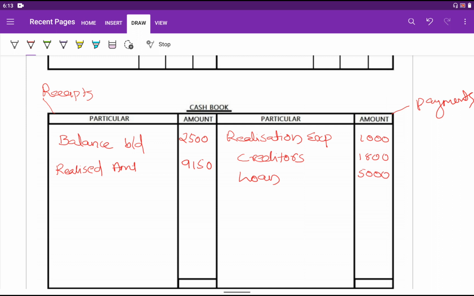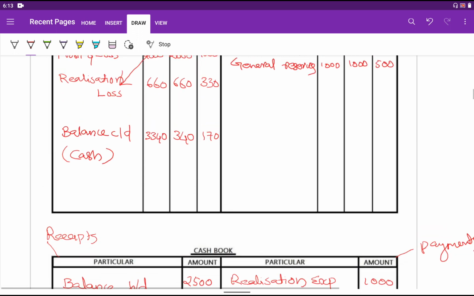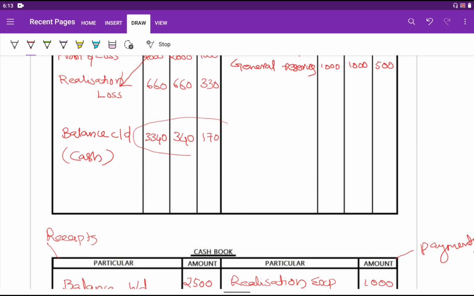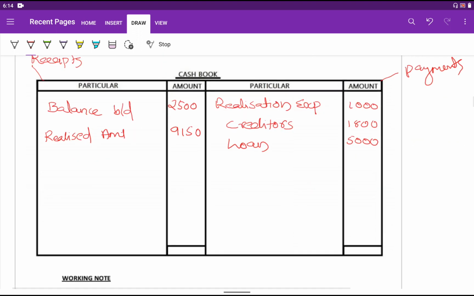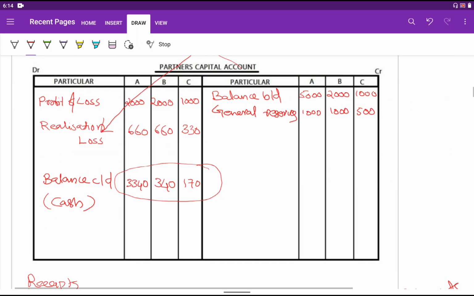So is anything else left to settle? I told you whatever balance is coming in the partners' capital account, that also should be given to the partners. So 3,314, 314 and 170 is the balance that came for A, B, C. So that also we want to pay to the partners. For A's capital it will be 3,314.